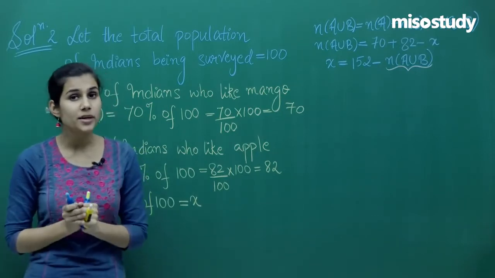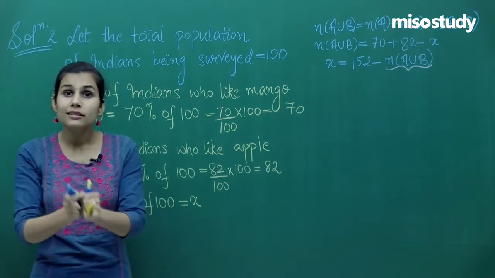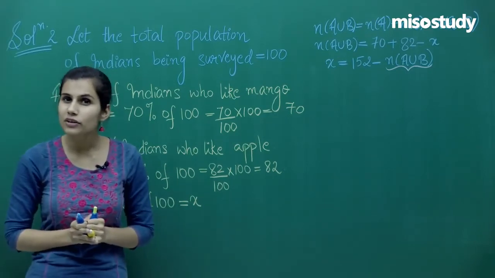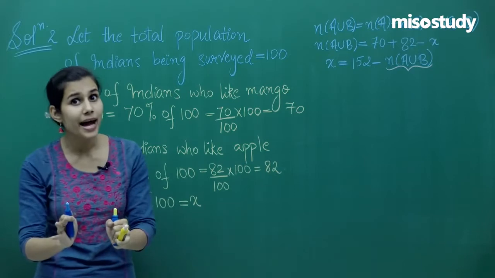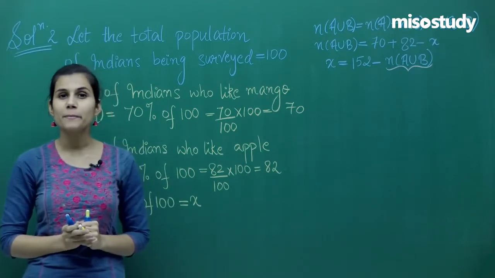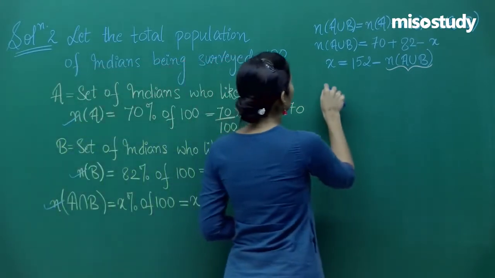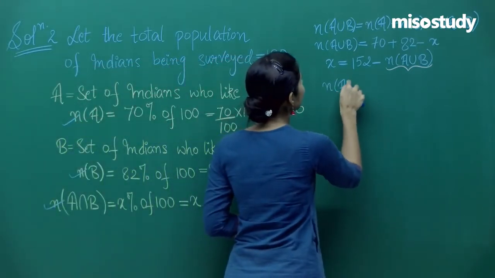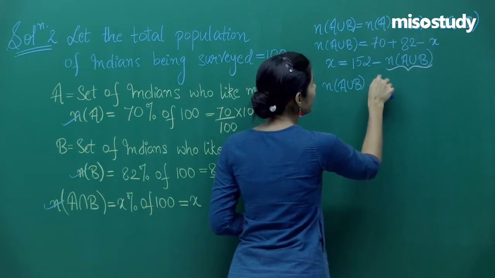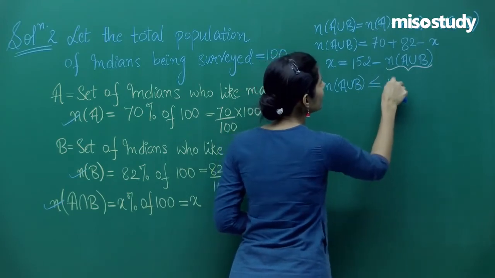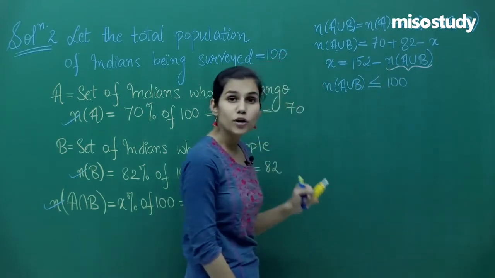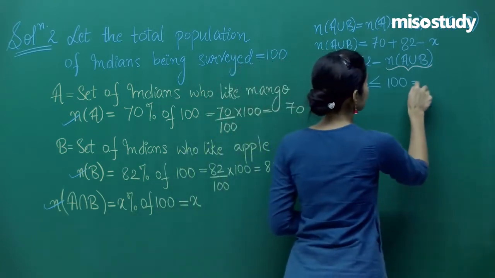Therefore, number of members in A union B can be either less than the number of members in the universal set or at the max be equal to the number of members in the universal set, which is 100. Therefore, we know that number of members in A union B can be less than or equal to 100, which is number of members in the universal set.